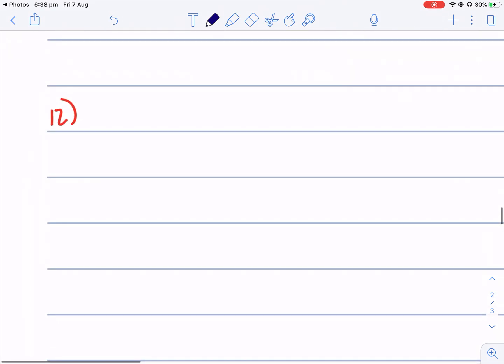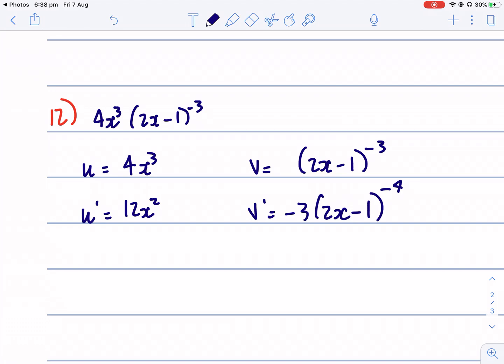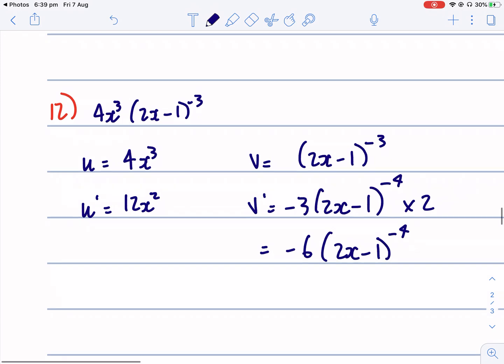Okay, this is somewhat nicer. 4x cubed, 2x, take 1 to the negative 3. So u dash, v dash. So we've got 4x cubed, 12x squared. 2x, take 1 to the negative 3 gives us negative 3 outside of 2x, take 1 to the negative 4, times the derivative of the inside, which is 2, which is negative 6, 2x, take 1 to the negative 4.